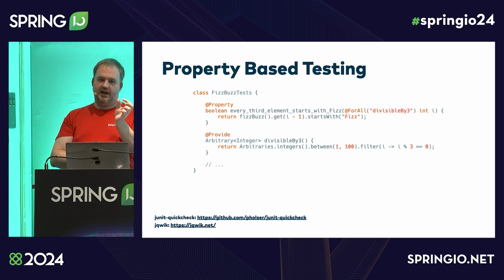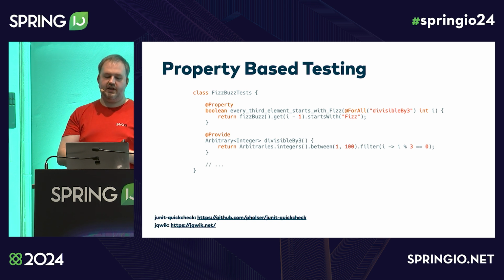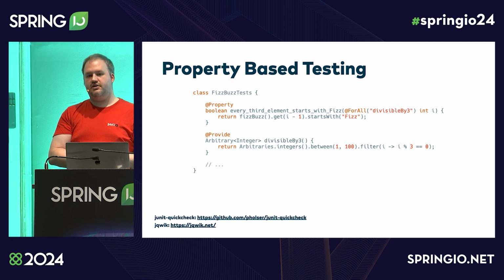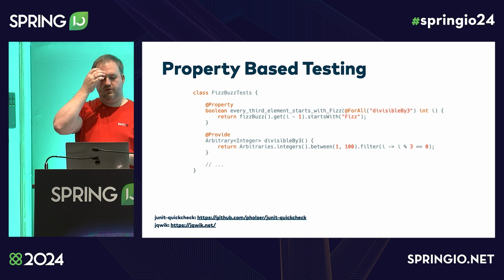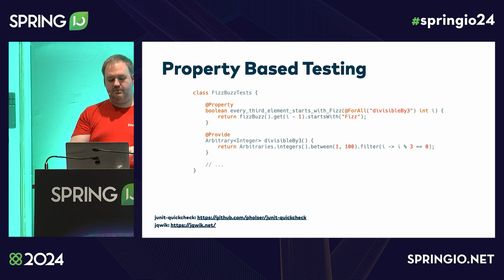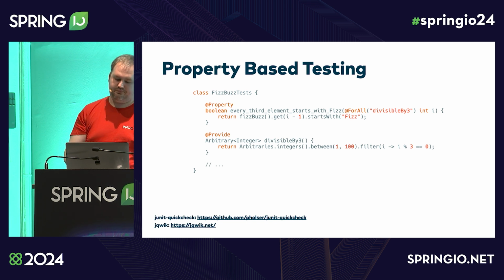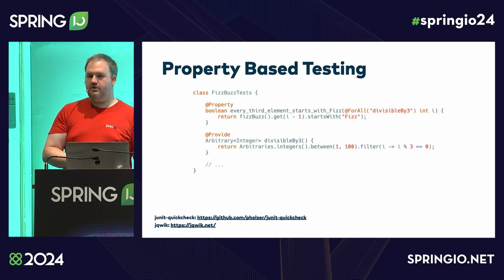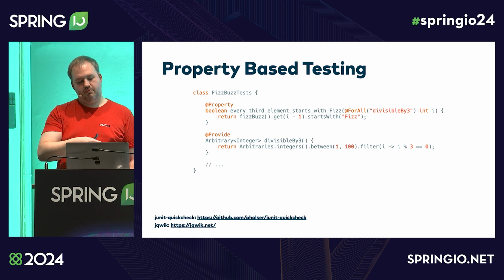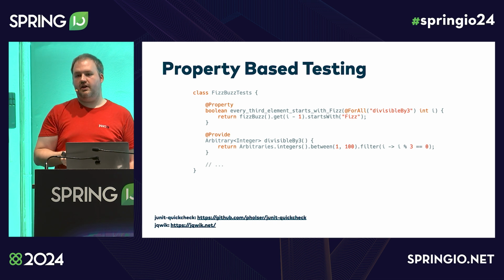And then this provider, divisible by 3, generates random integers for every run. So that's a little bit like a combination, and in one of our projects we use this arbitraries extension which comes with jqwik for generating random data, like you've seen in the data faker or common slang examples before. So if you stumble across a problem that's good to express by properties, you can use that.